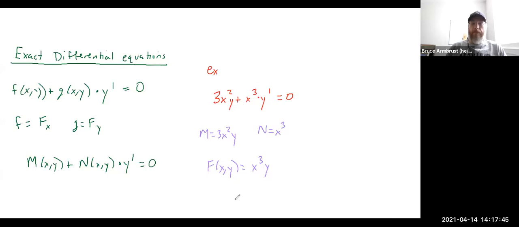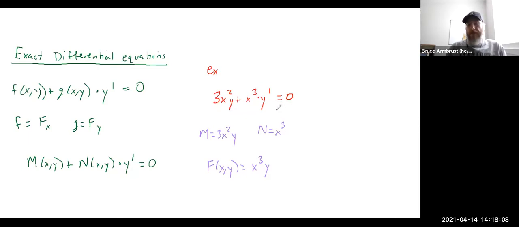Differentiate this with respect to x: 3x squared, and the y is constant, so 3x squared y. Differentiate this with respect to y, x cubed is constant, and then the y goes away. So this is an example of one that is exact.